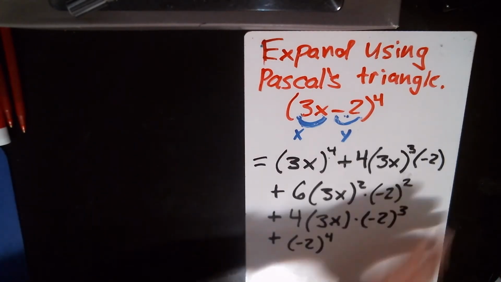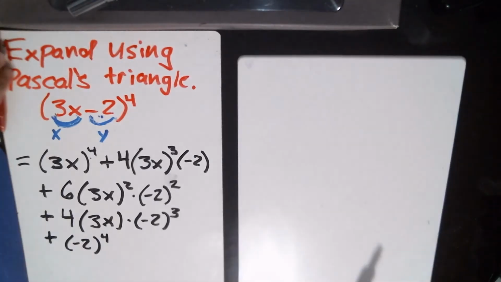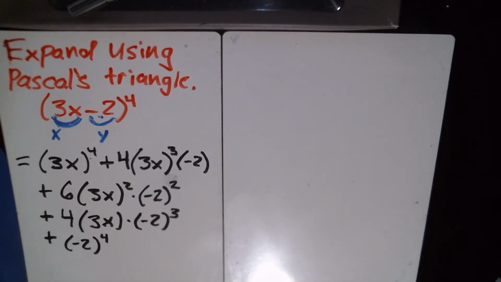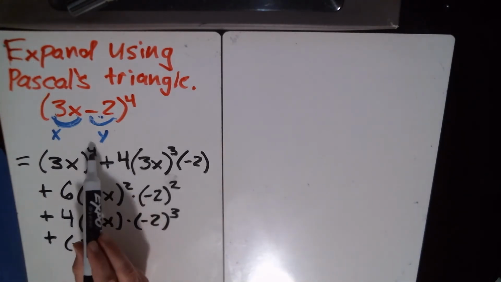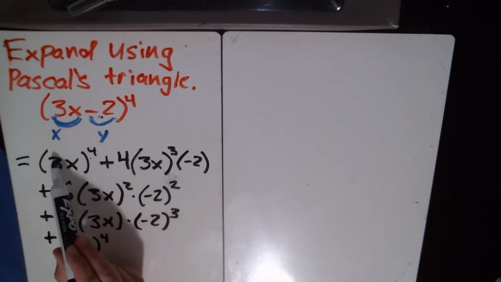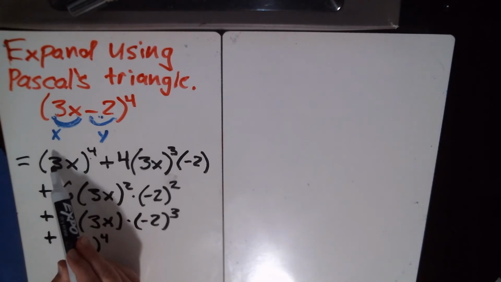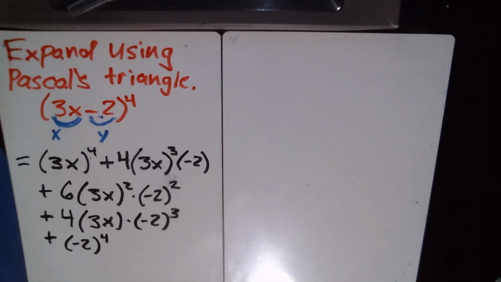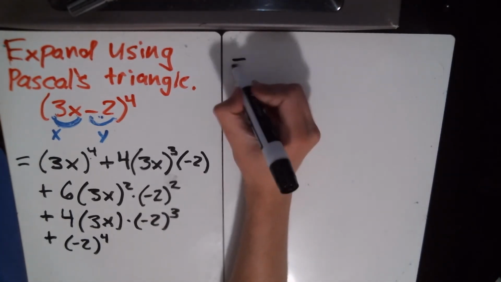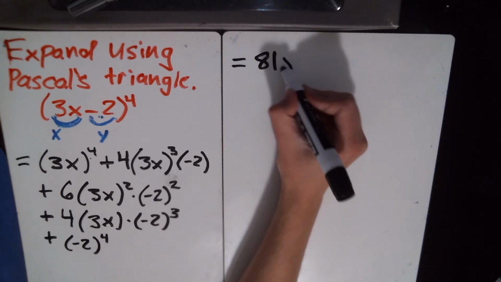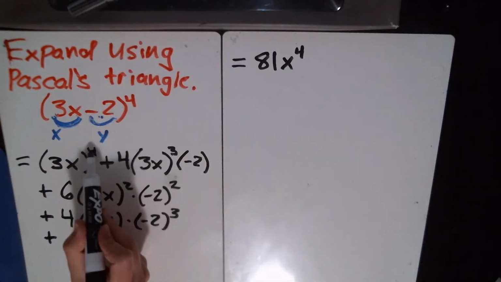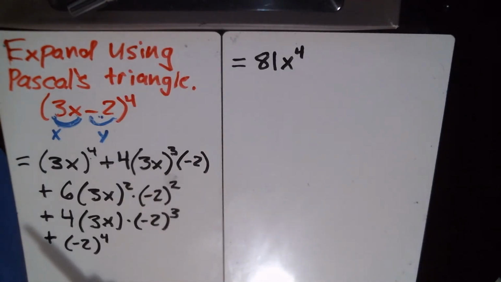So 3x to the 4th, I can distribute the fourth power in, so it would be 3 to the fourth power times x to the fourth power. What is 3 raised to the fourth power? Let's throw that in the calculator. It looks like it's 81. So we've got 81x to the fourth power.